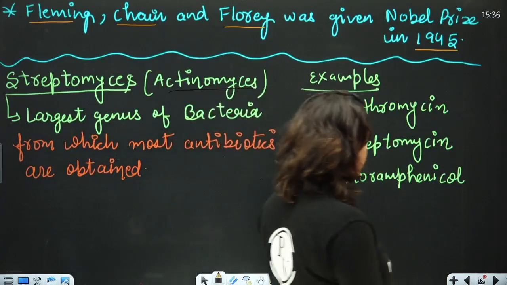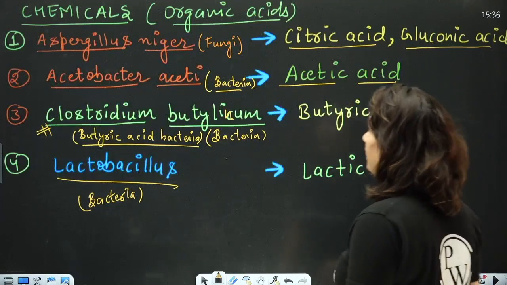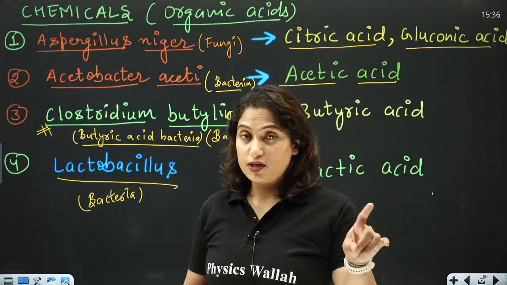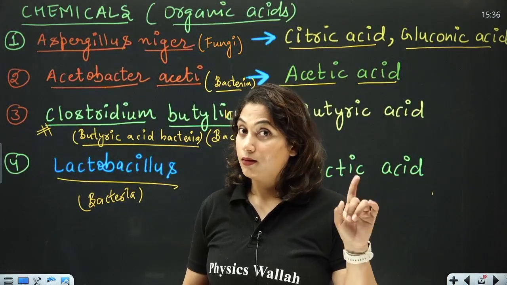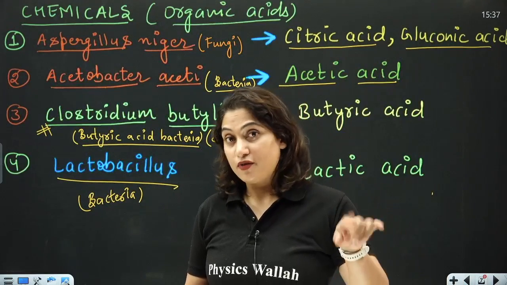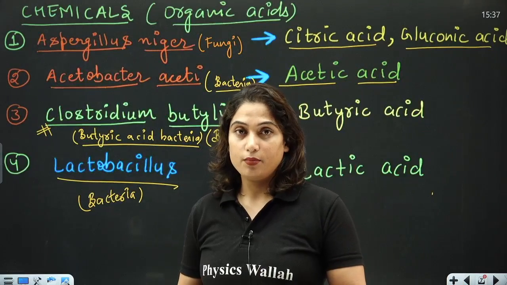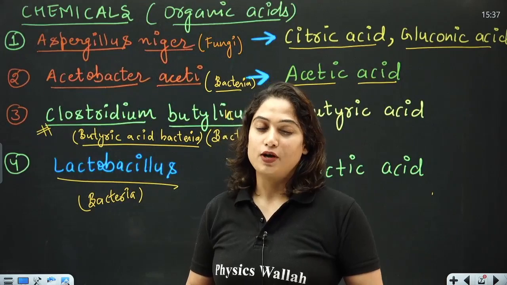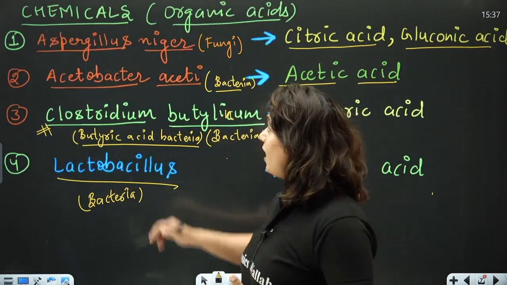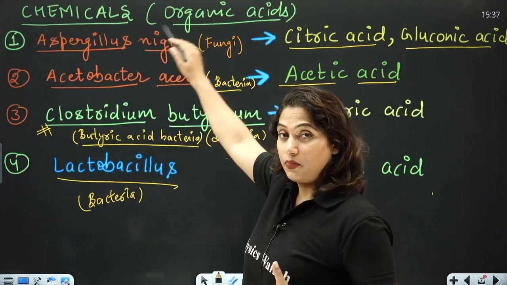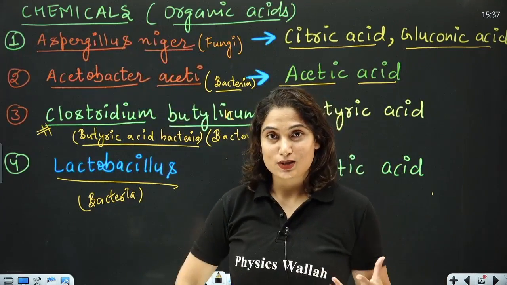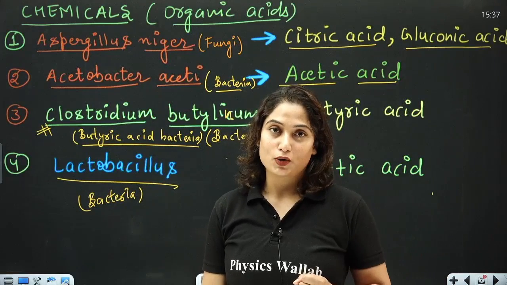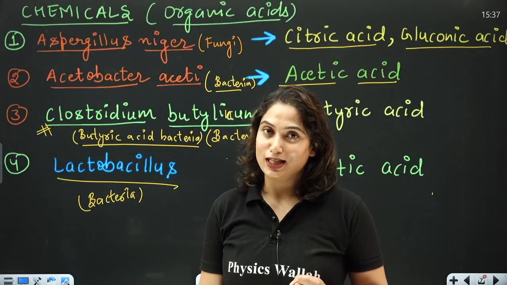Okay. So this was about the important points. The first antibiotic was extracted from fungi, but most of the antibiotics are formed from bacteria, and the name of that bacteria is Streptomyces. Now, there are certain chemicals, certain organic acids, which are also obtained from microbes and produced on a large scale in the industries.